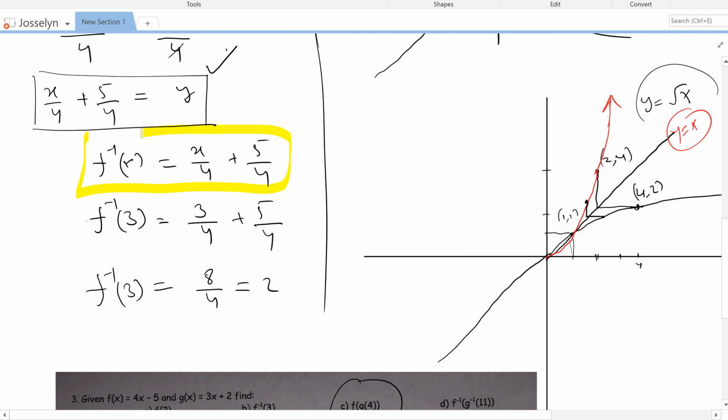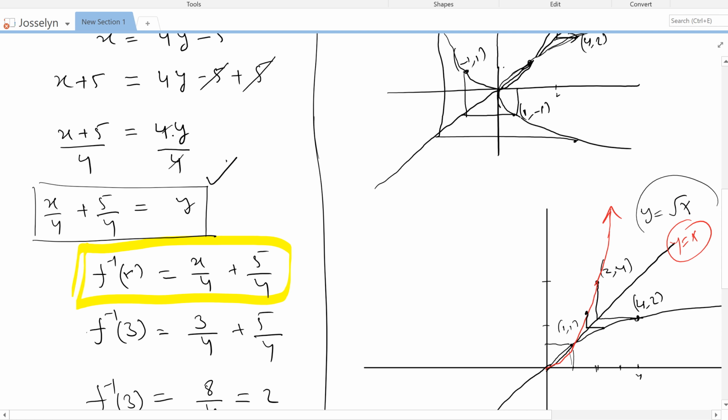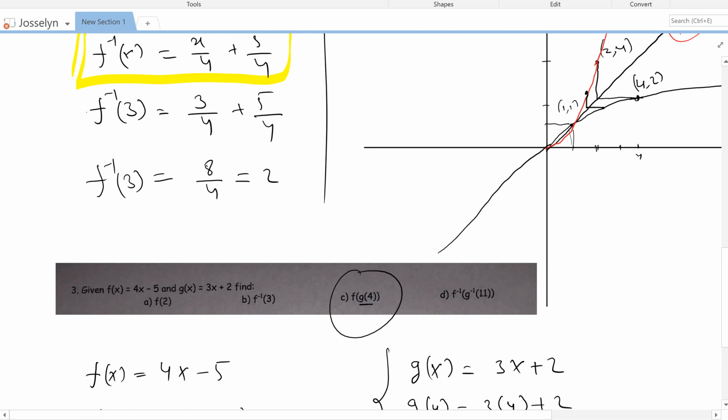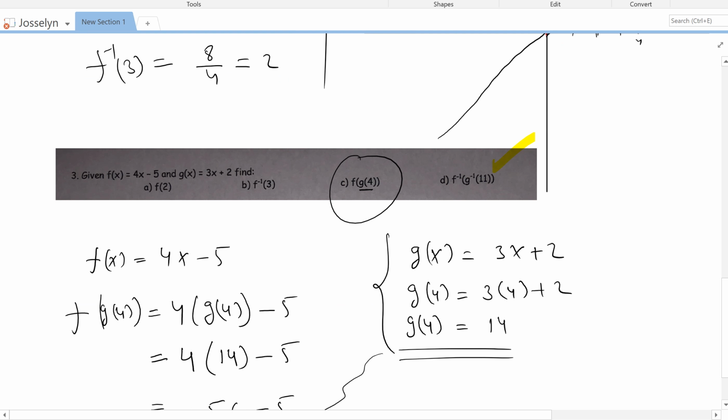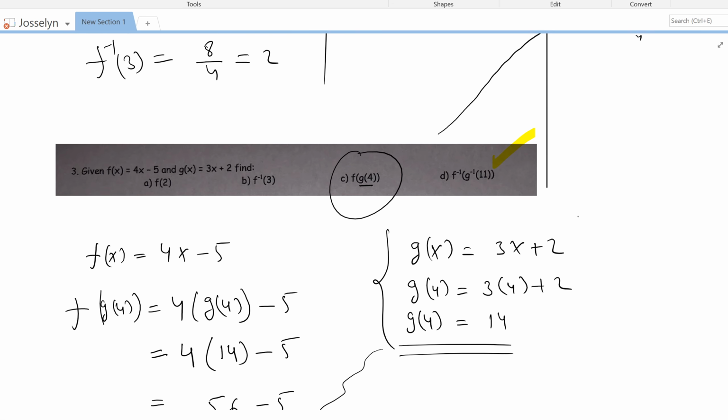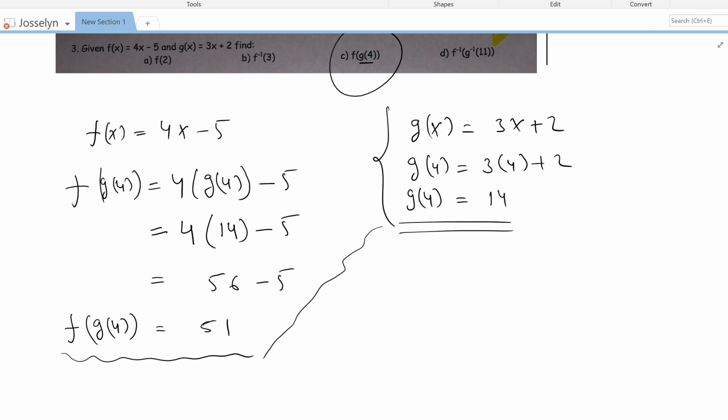This one, right? And by using the same procedure we can find the g inverse x, and then we can solve this question. Let me write the C part.